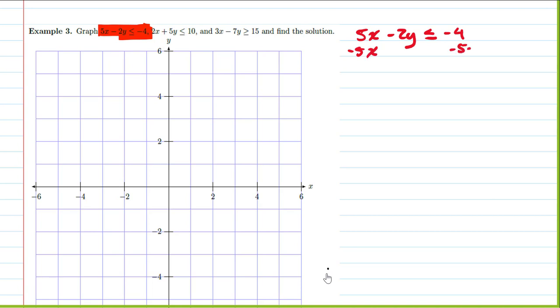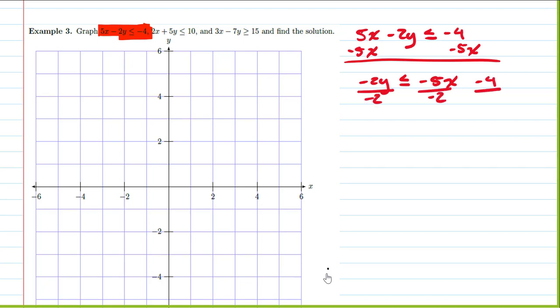So we minus 5x on both sides. That gives us negative 2y is less than or equal to negative 5x take away 4. And then we divide by negative 2. Since we divided by a negative, we have to reverse our inequality symbol. So y is greater than or equal to 5 over 2 x, and negative 4 divided by negative 2 is plus 2.